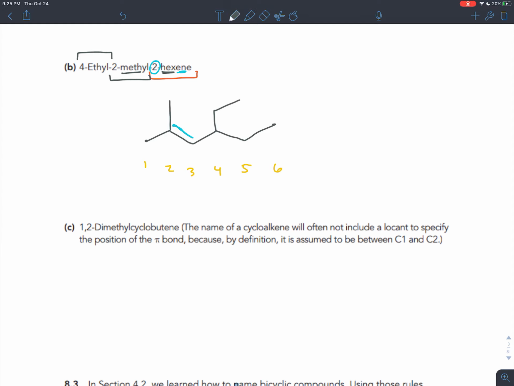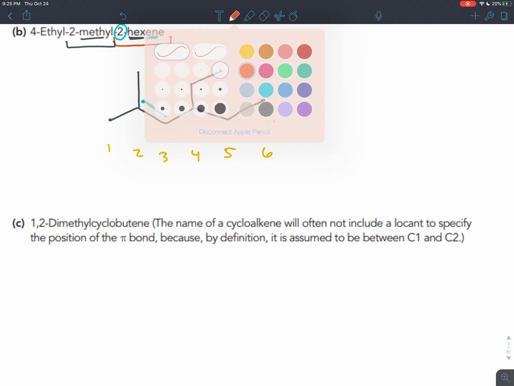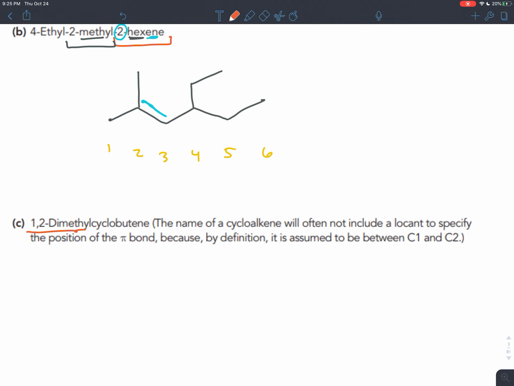Okay, let's try C. So in this case, we have 1,2-dimethyl cyclobutene. Now, if you're reading this and trying to identify the parent chain, here's your last YL, so that means your parent chain is cyclobutene. Now, in the case of cyclobutene, they don't give you a number for where the double bond starts, because this is happening in a ring.